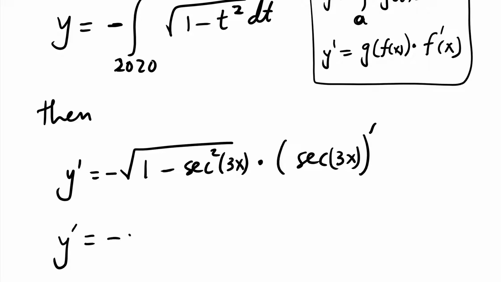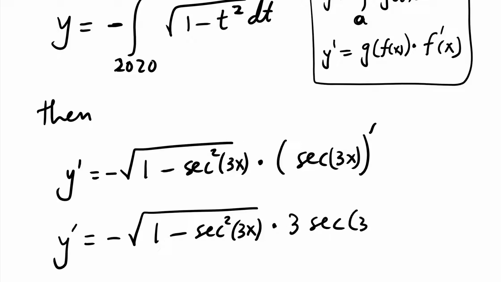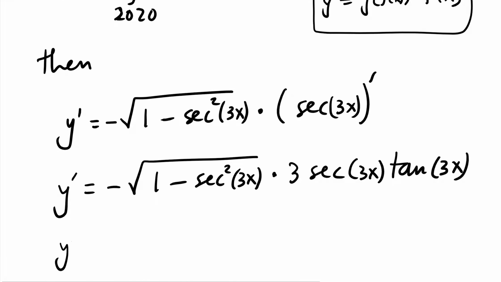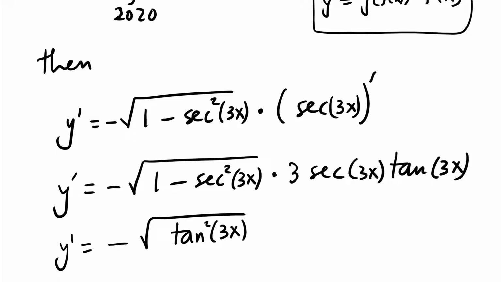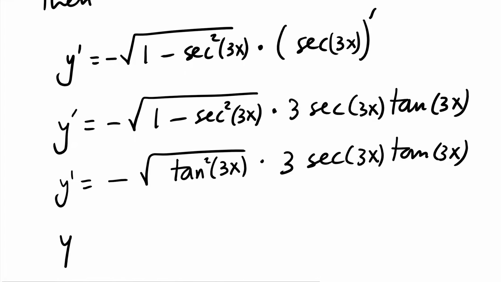It's not done because we still need to find the derivative of secant 3x. Derivative of secant u is u prime secant tangent. So 3 secant 3x tangent 3x. And also 1 minus secant squared is negative tangent squared, so the root comes outside as a tangent, and we can put the 3 out.